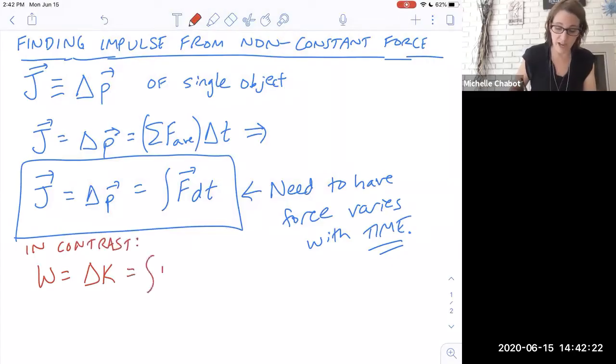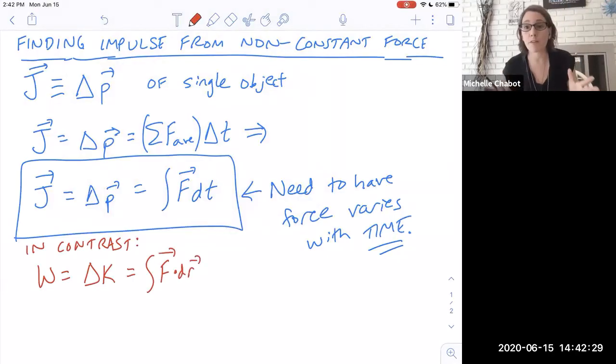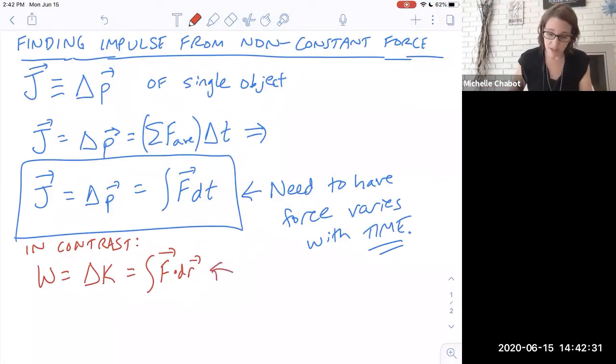That was given as F sub x dx, or F dot dr if we do the general form of it. Either way, this was going to be force that varies with position.